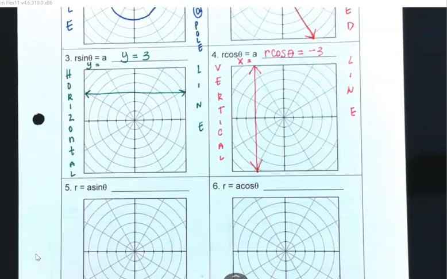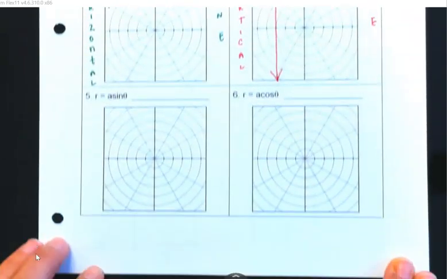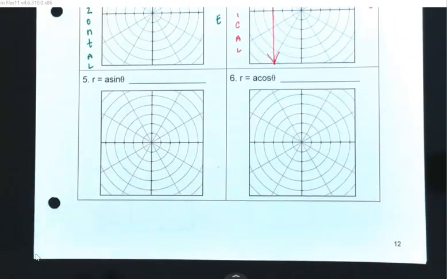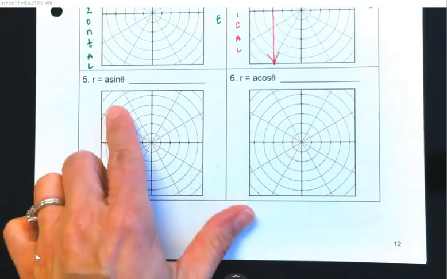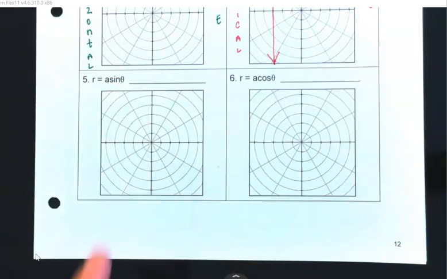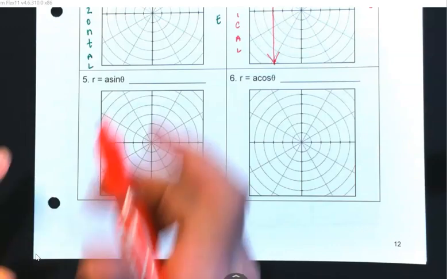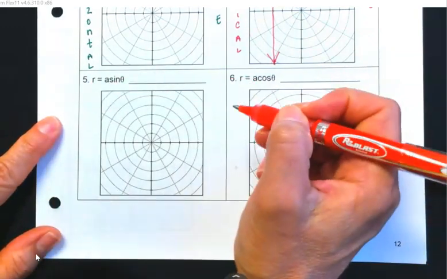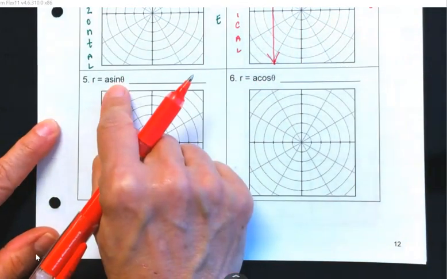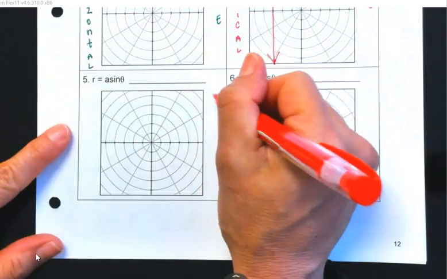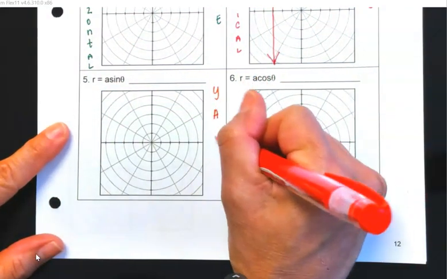All right, let's take a look at the last two. So for the last two, it's r equals 1 term over here. This is considered 1 term, so it's going to be a circle. But since it has sine and cosine next to it, it's going to be a circle on the axis. What kind of axis is sine associated with? The y-axis.